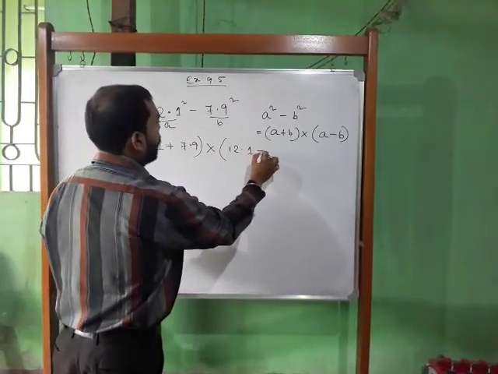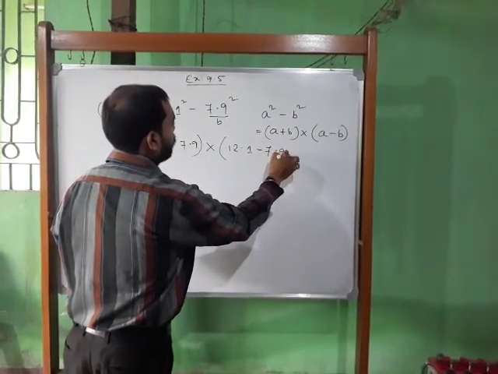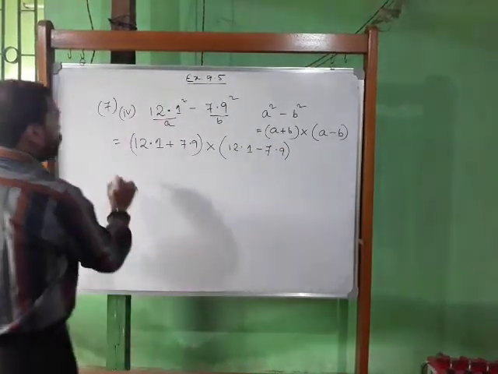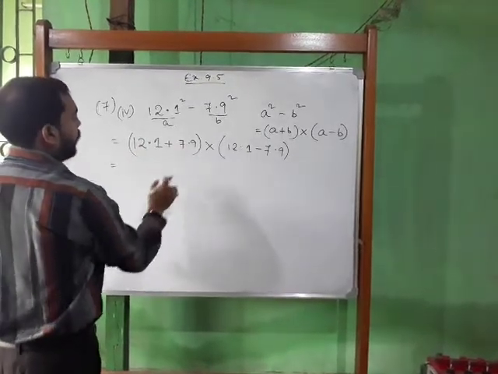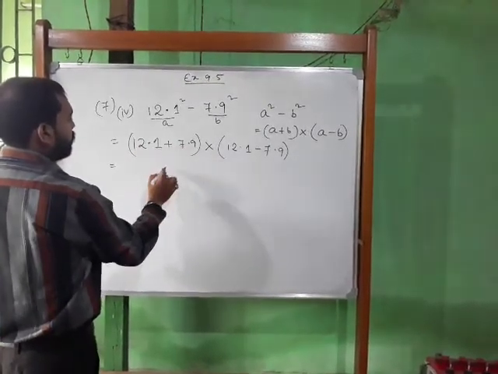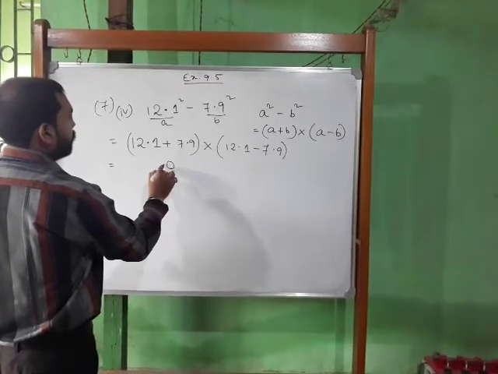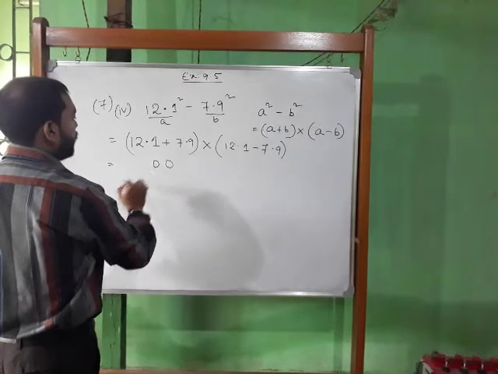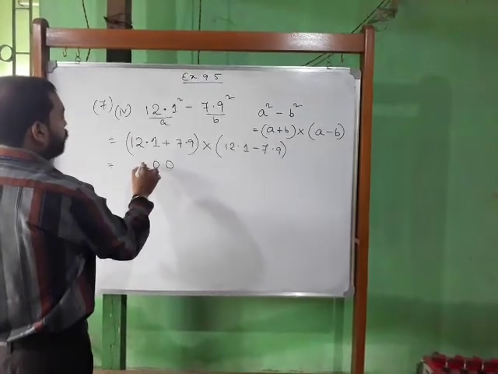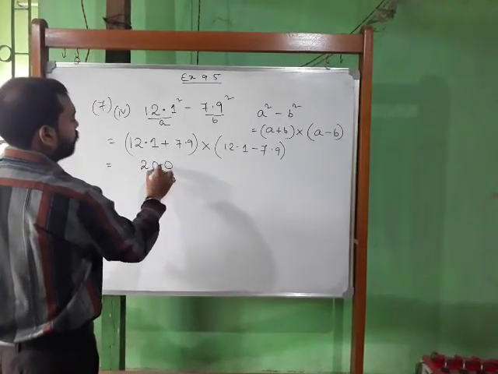12.1 minus 7.9. Now 12.1 plus 7.9, what will be the answer? 9 plus 1 is 10, 0 carry 1; 7 plus 2... 8, 9, plus 1 is 10, carry 1; so 1 plus 1 is 2. It is 20.0.